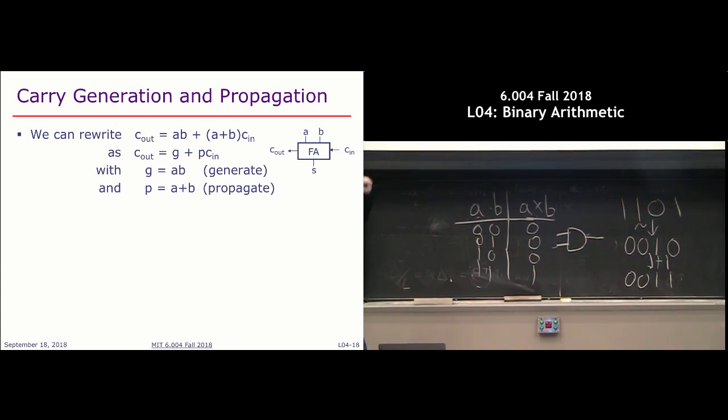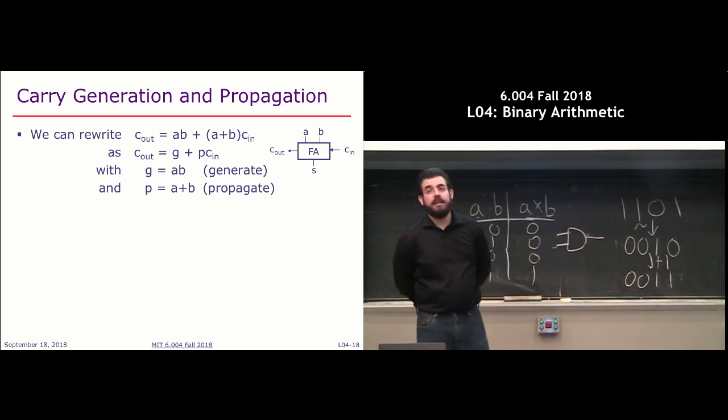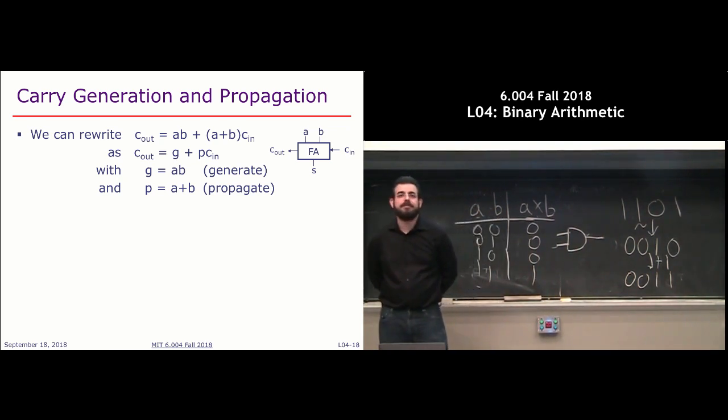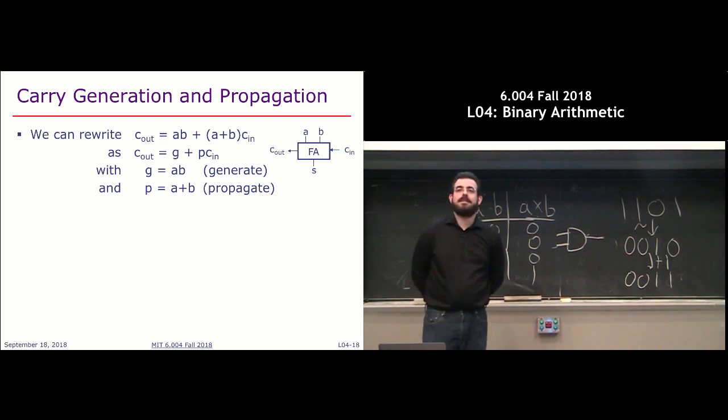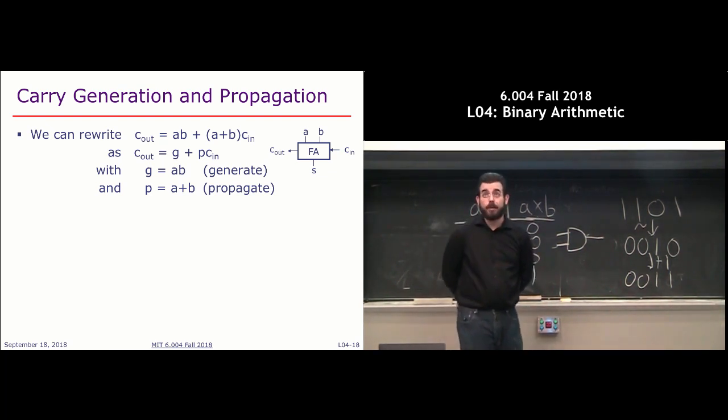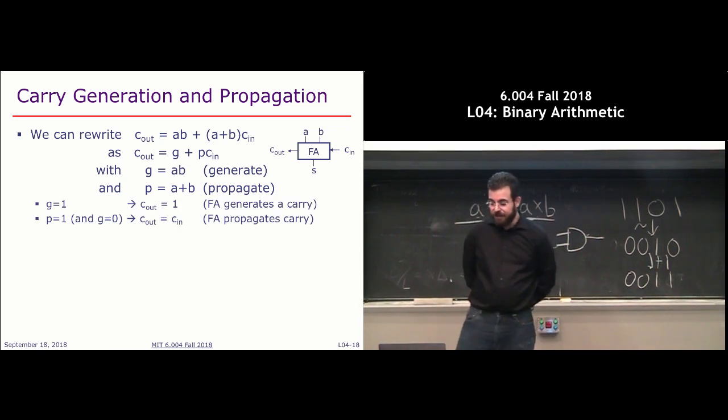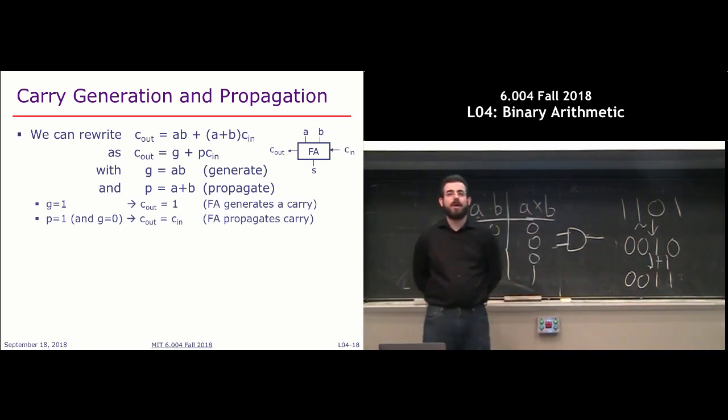We can rewrite this equation as C out = G or (P and C in). So intuitively, what is this saying? What this is saying, and this is why these signals are called generate and propagate, is that if G is 1, then no matter what C in is, our carry out is going to be 1.